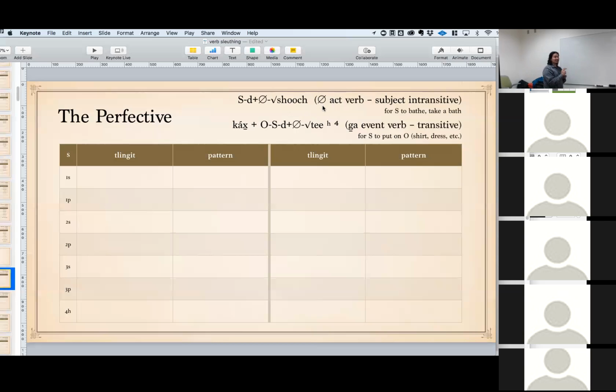So we should expect it to end with dishuch every single time, because now the classifier has a consonant. Dishuch, dishuch, dishuch. And we're changing what comes right before it. And one thing about this one, even though it says to take a bath, there are some speakers who have told us that it really means to soak in the icy waters.